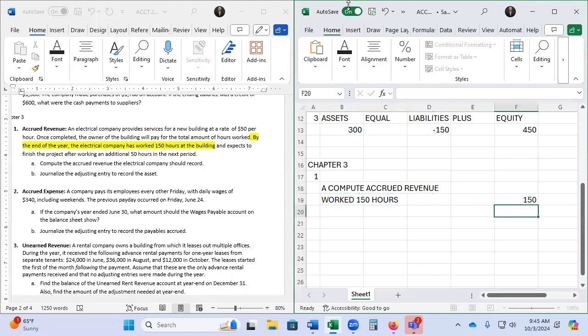So we have the 150, and then the rate is $50 per hour. So we take the 50 and then we multiply them. 150 hours at $50 per hour is 7,500. So this is the amount to accrue.